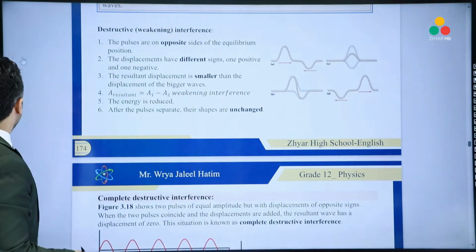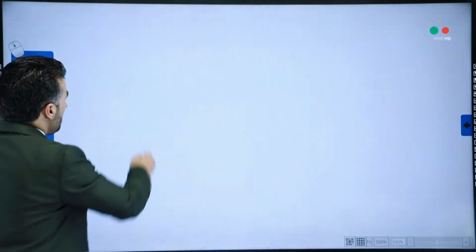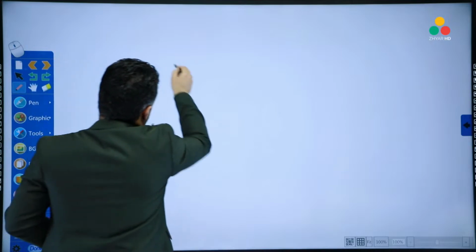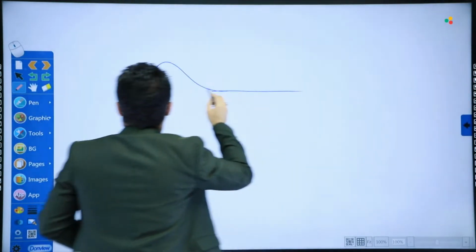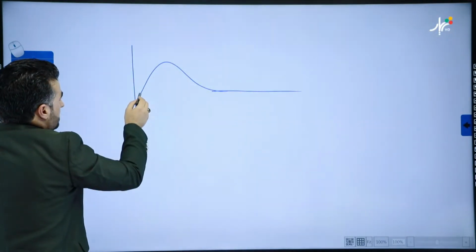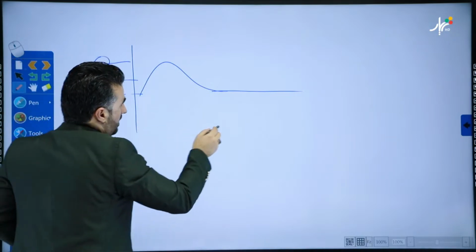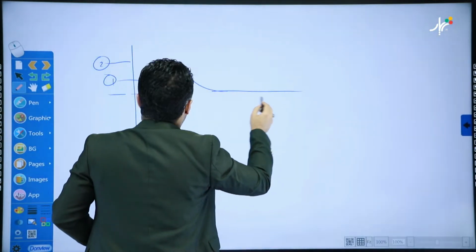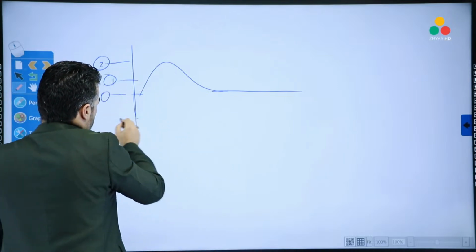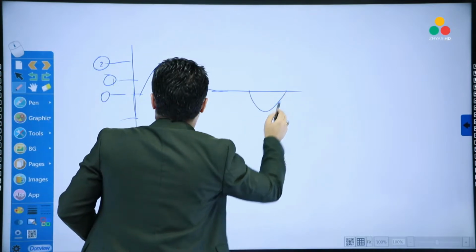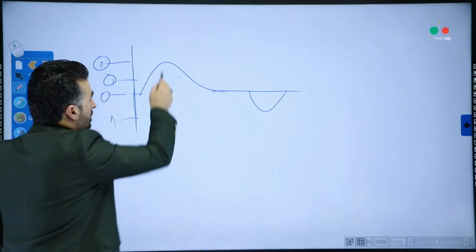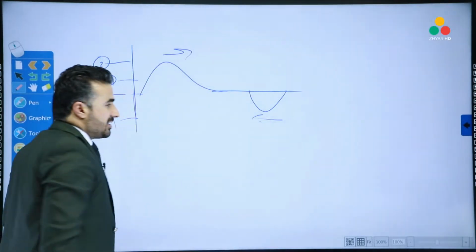Let me draw this one for you as well. Let's say we have two waves. Let's say this is one, okay? And if we draw this here, let's say this is basically 1 and this is 2, okay? And then let's say we have another wave. This is 0, and let's make this one 1 here as well. Okay, so there is a wave that is moving to the right, there is a wave that is moving to the left.